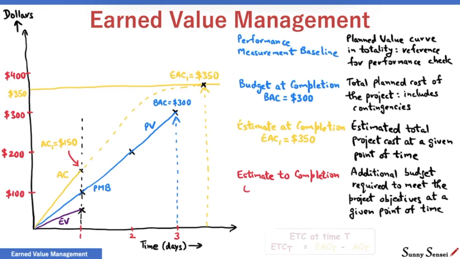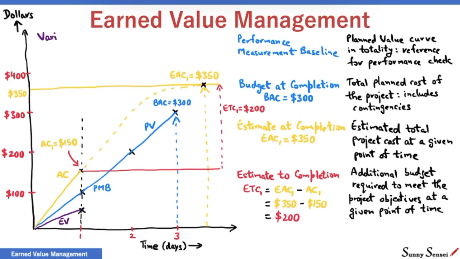Mathematically, estimate to completion is simply estimate at completion minus actual cost. For our project, ETC at the end of day 1 is $350 minus $150, or $200.